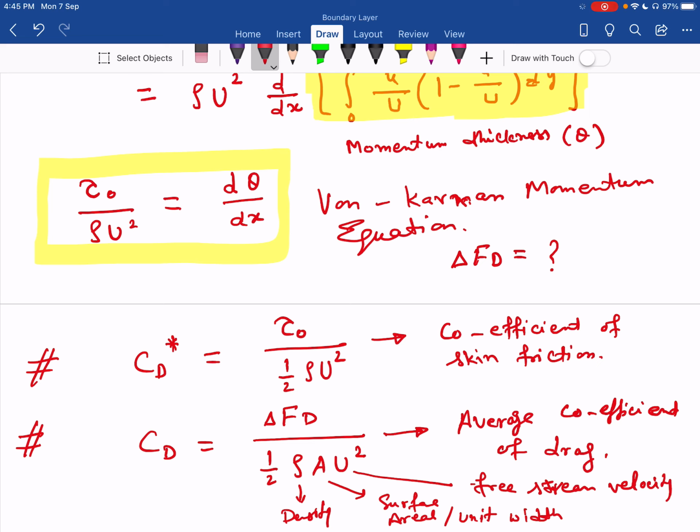So these are the two more terms that we can relate with the boundary layer.